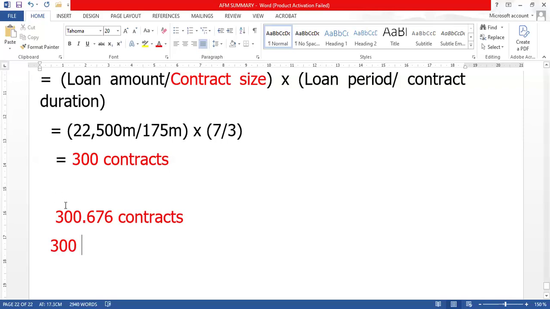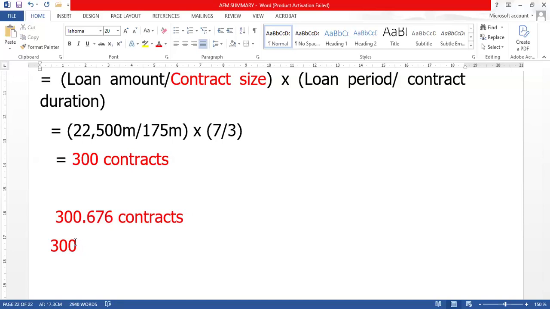There is nothing like 300 point something contracts. You either round off or don't round off, but most times we don't round off. The examiner will tell you to round off, or sometimes round up or round down, depending on the words he has used. So you don't have 301 contracts, you just have 300.376.